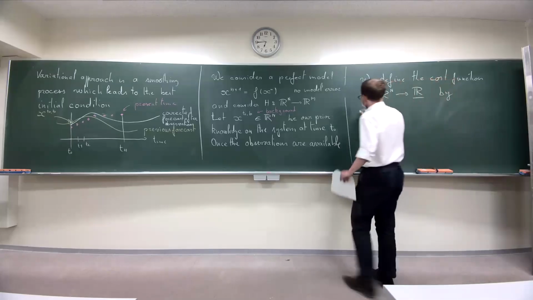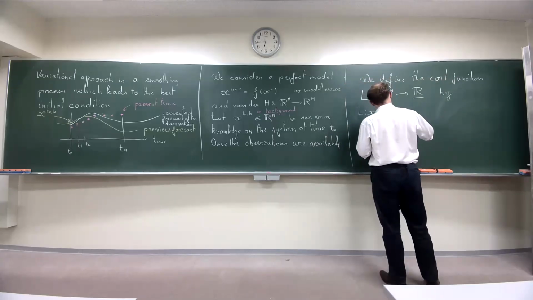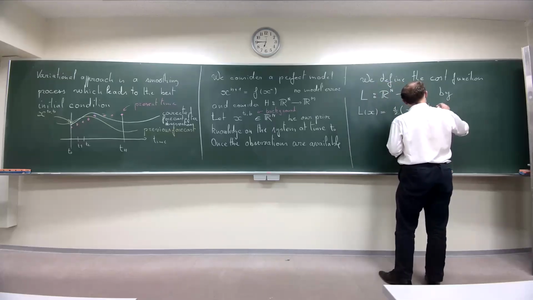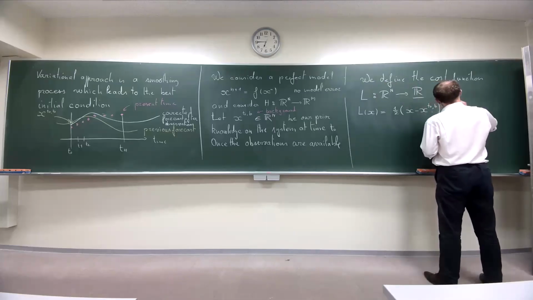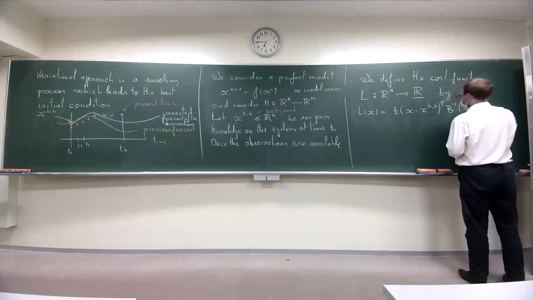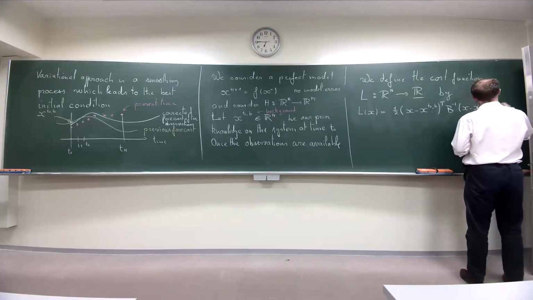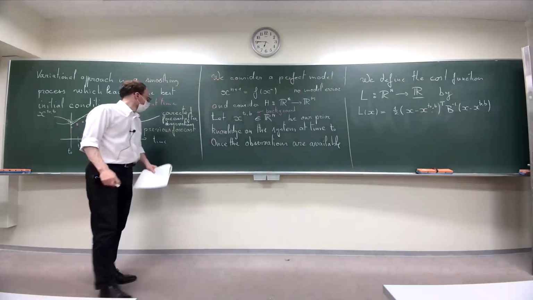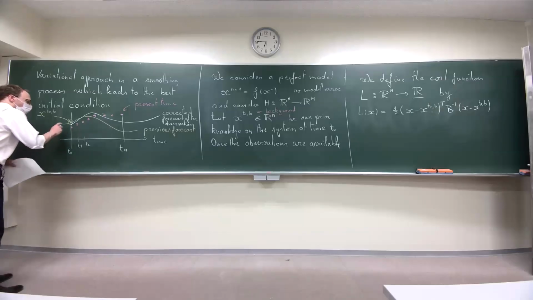L of x is this formula. Okay, so this is one term. So x is going to be what we look for. So it's the initial point that we want to find.